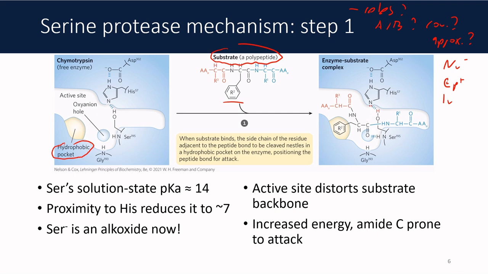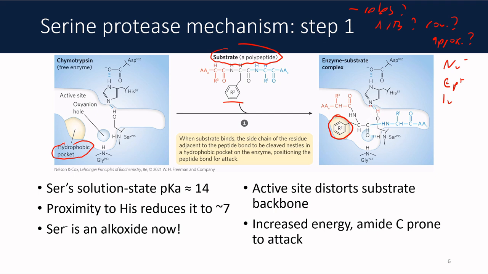Phenylalanine is very hydrophobic, so it's going to dock itself very nicely in that yellow-tinged hydrophobic pocket, just like so. That is going to position the next amide bond over near our catalytic triad, getting it ready for attack.